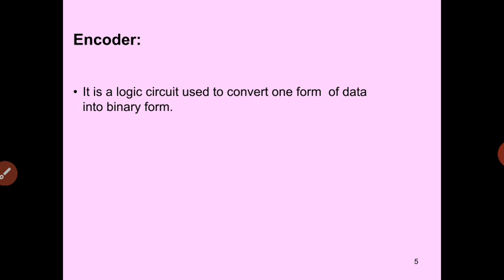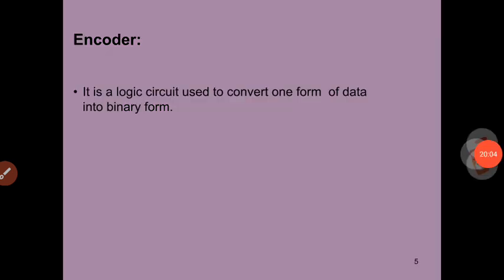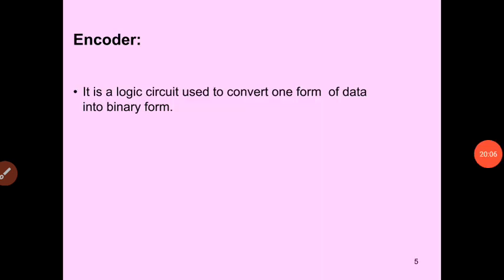Next we will see what an encoder is. It is a logic circuit used to convert one form of data into its equivalent binary code, whether it is decimal, hexadecimal or octal. Any number system can be converted into its equivalent binary form.